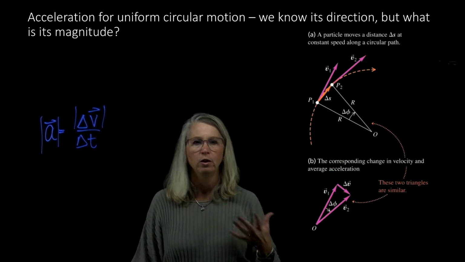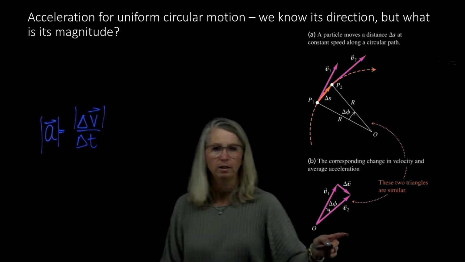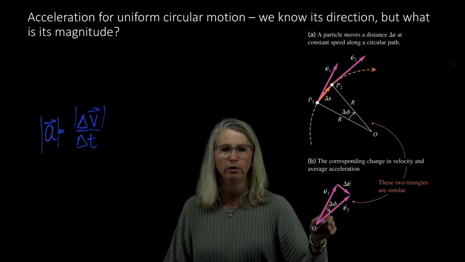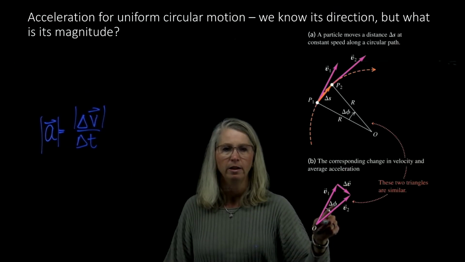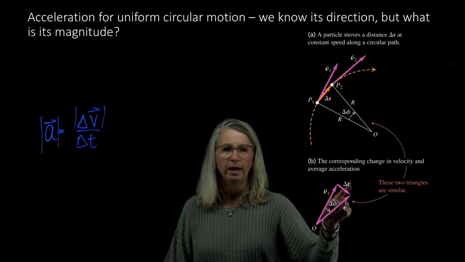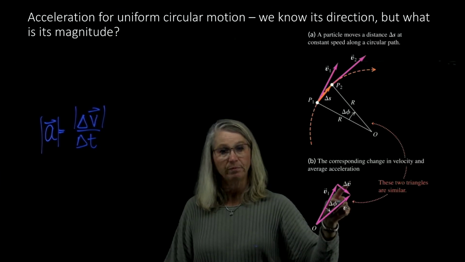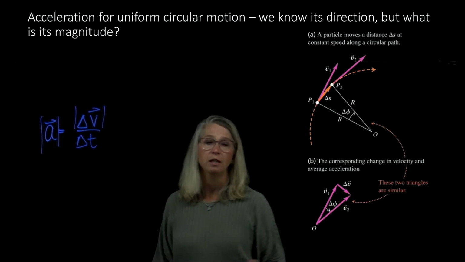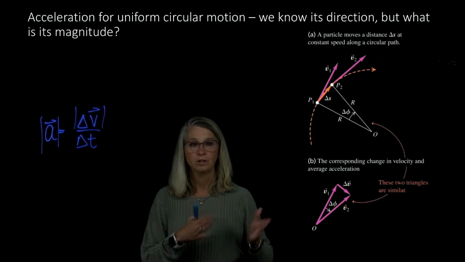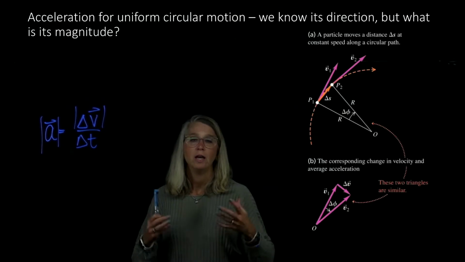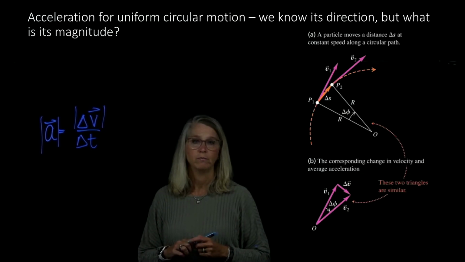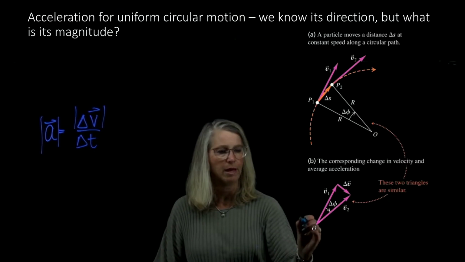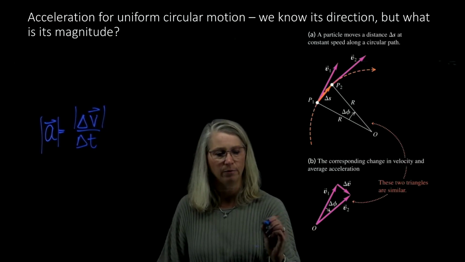If we look at this angle right here, these are the two velocity vectors put together, and we're looking at the change in the velocity right here. We want to think about these similar triangles, and one piece of information that's going to be really helpful to us is if we imagine a circle.